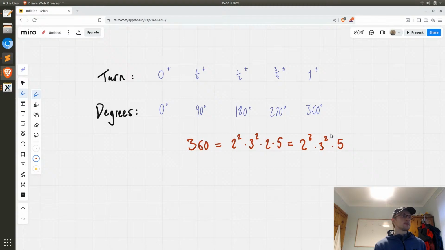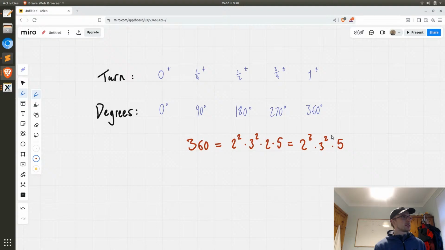359. All right, let me think about that for a little bit. 3 obviously doesn't go into it, nor does 5, nor 7. What about 11? No, not 11. 13? No, not 13 either. 17?